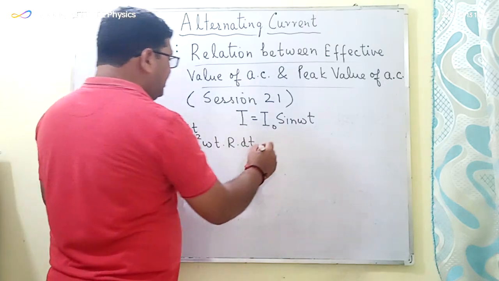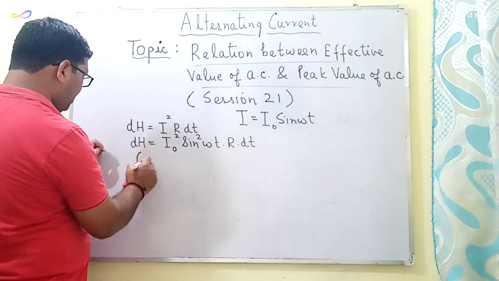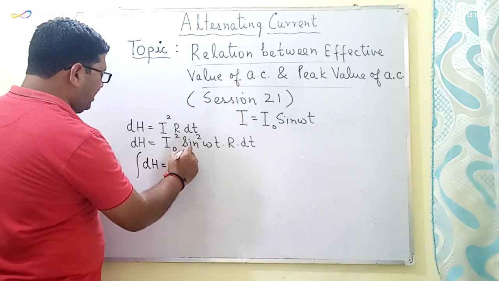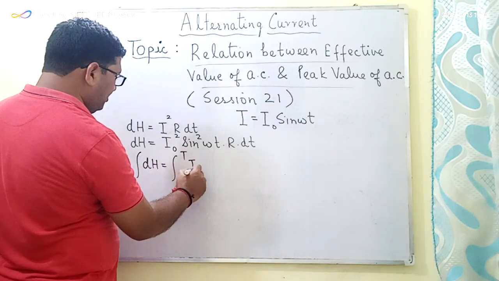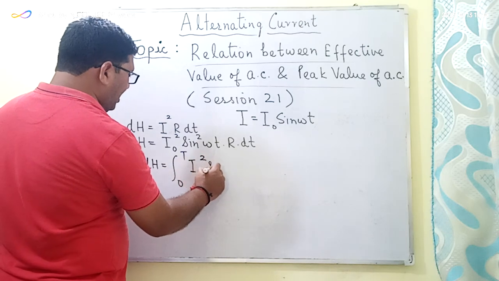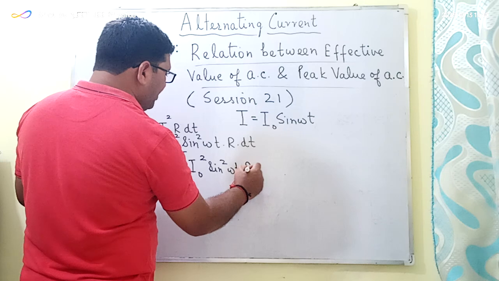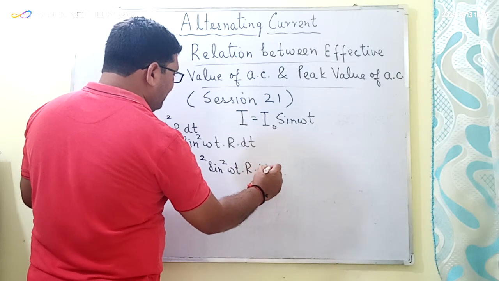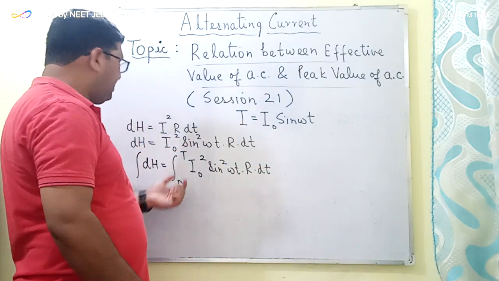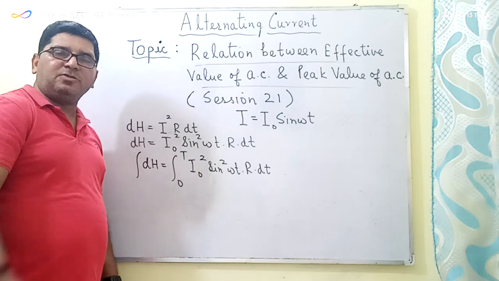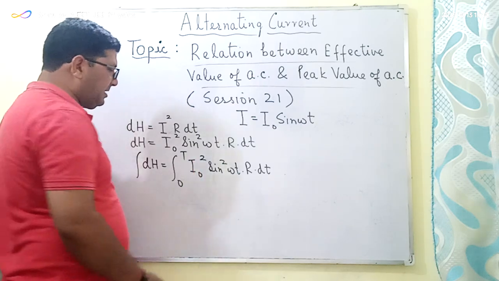Now if I integrate this equation within the limits of 0 and capital T, then I will get the total amount of heat produced in one complete cycle. Here capital T is the time period of the alternating current, that is the time taken to complete one complete cycle.